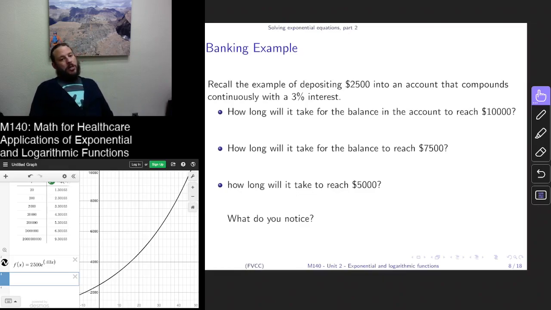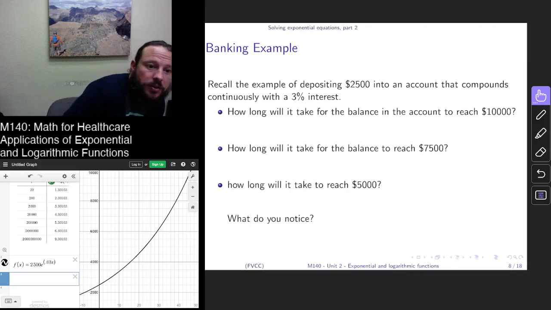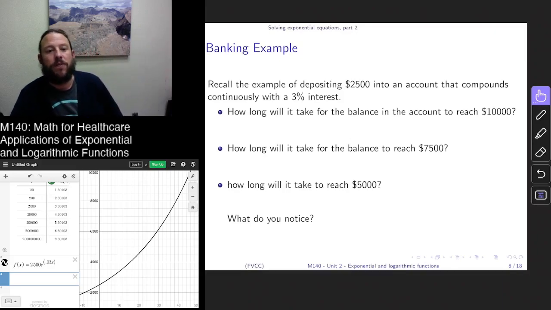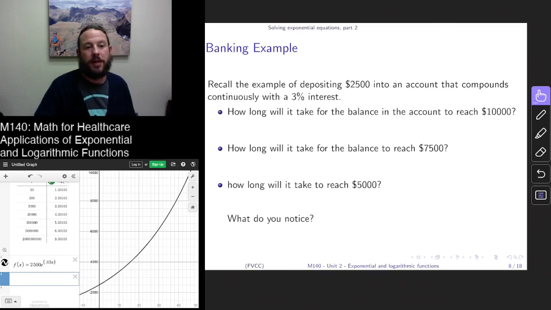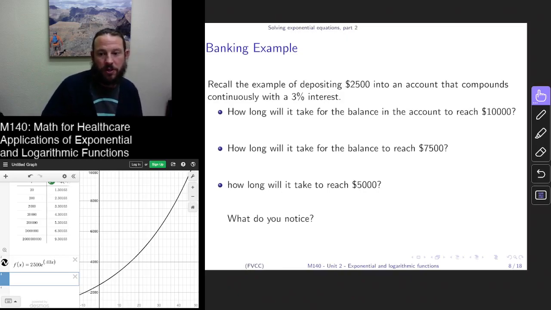Here's an application, and we looked at it a couple of lectures ago, and it's kind of what sent us on the path to using logarithms to solve exponential equations, right? So here we had the example depositing $2,500 into an account that compounds continuously with 3% interest.